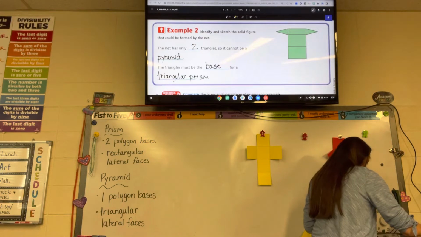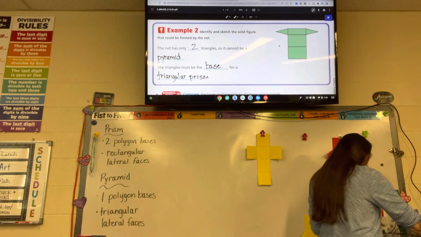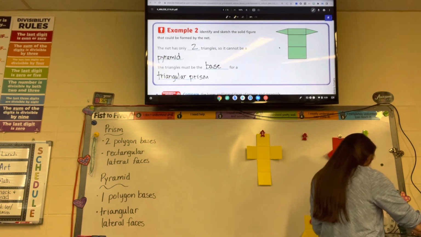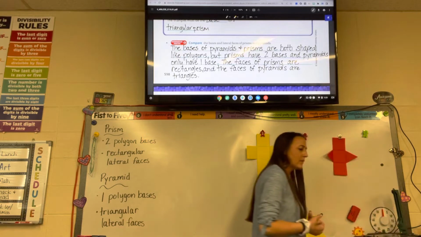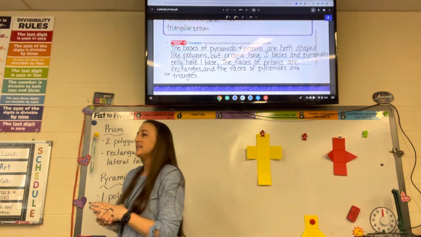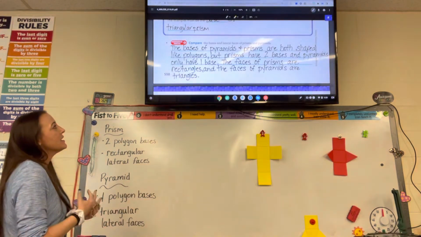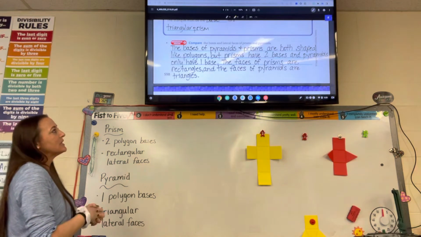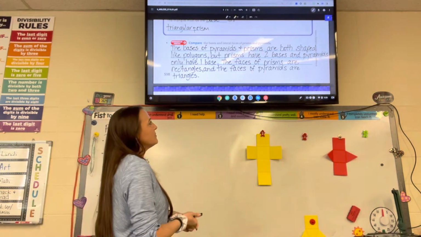They didn't leave us a space to sketch it. So here's what we're gonna do. We are going to copy the next problem. This is the longest answer that we have to copy. It says, compare the bases and lateral faces of prisms and pyramids.